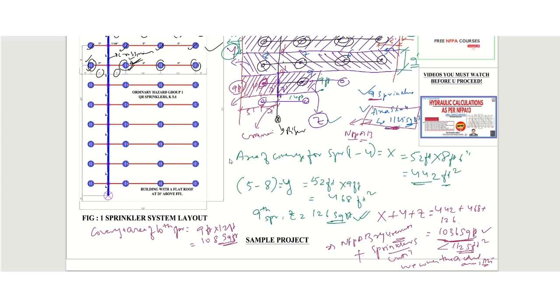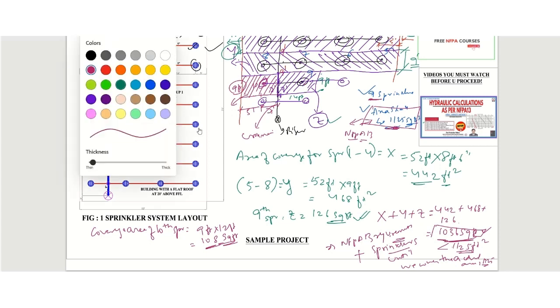Now we will add this 108 to 1036. I am trying to create some space. We will take one more color meanwhile, and here I will take green color. I like green, because you should not get bored, and this is the most important concept, so I am explaining slowly.